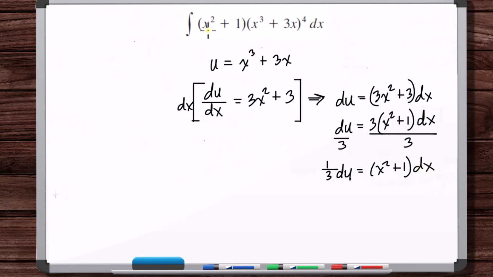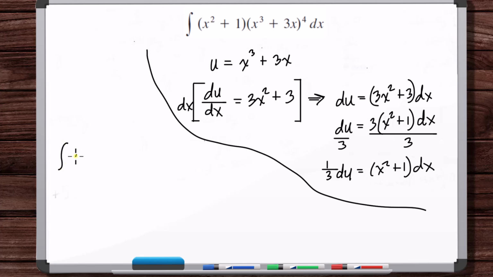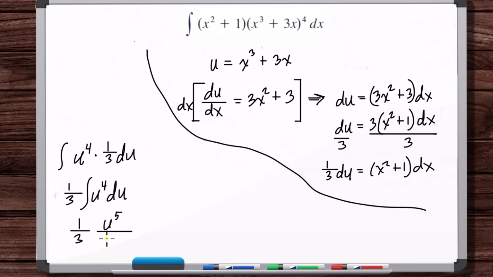And there you go. There's the x squared plus 1 dx, right? And then here's the u is x cubed plus 3x. So making the substitution, we've got u to the fourth, and then times 1/3 du. So 1/3 u to the fourth du. So this is 1/3 u to the fifth over 5 plus c.